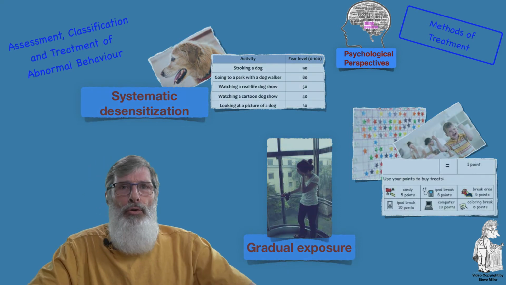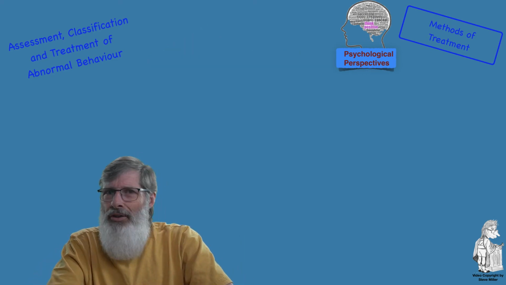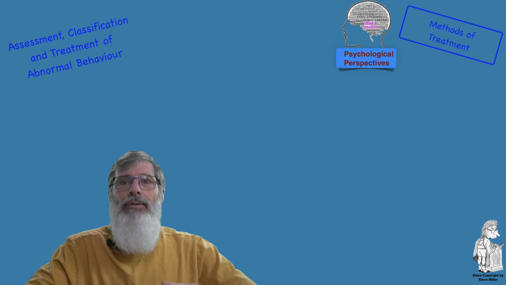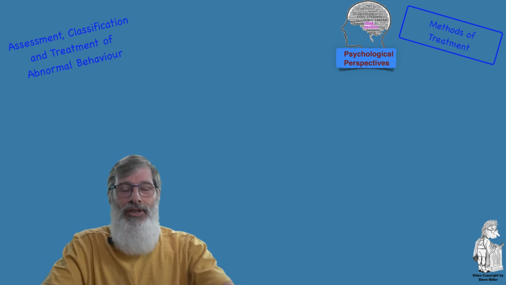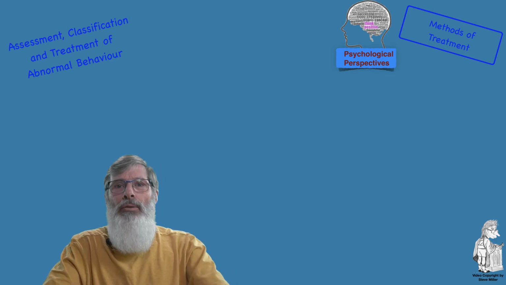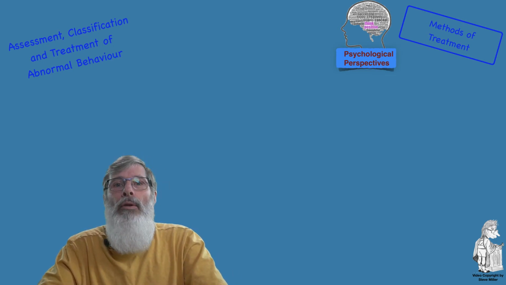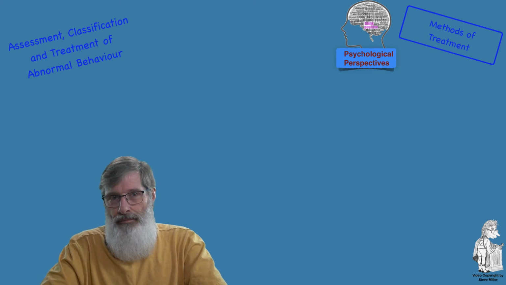Now, another group or approach is the humanistic approach, and it focuses on the client's subjective, conscious experience in the here and now. Here we're going to consider both person-centered therapy and emotion-focused therapy.